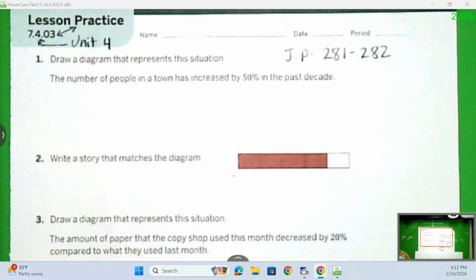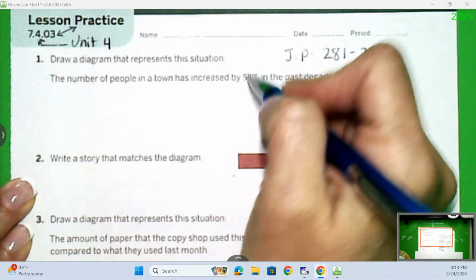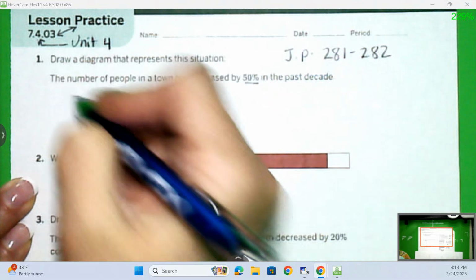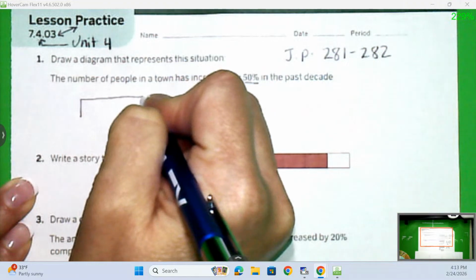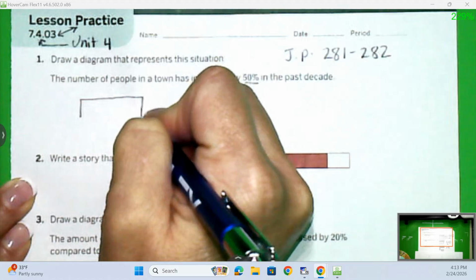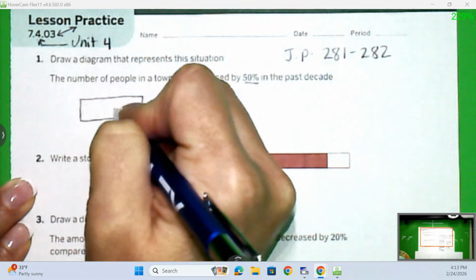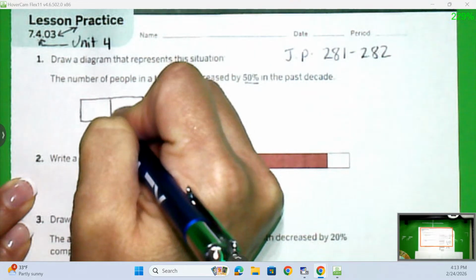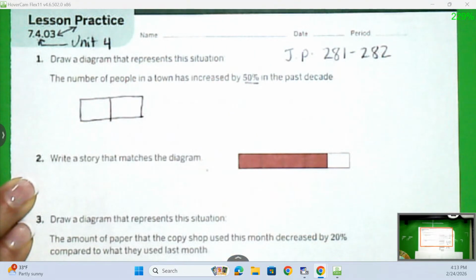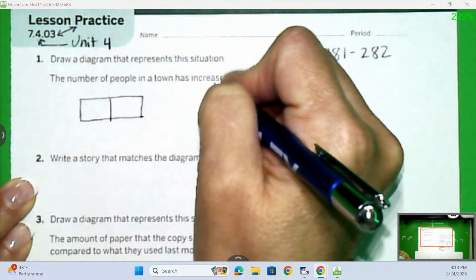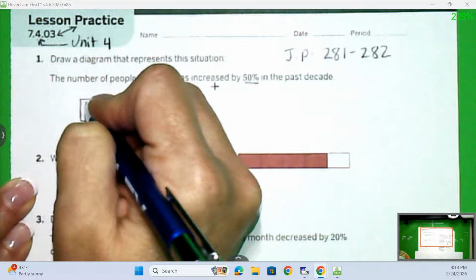Question 1 says, the number of people in town has increased by 50% in the past decade. They're asking us to draw a diagram of the situation. So looking at our 50% here and our tape diagram, if we have 100%, that would be two 50%. Okay, that is what we have, and then an increase of another 50%.